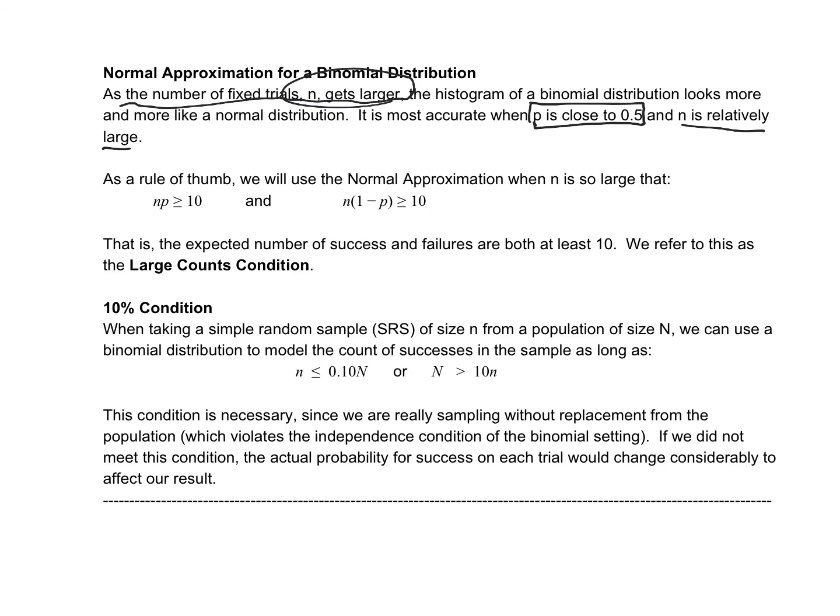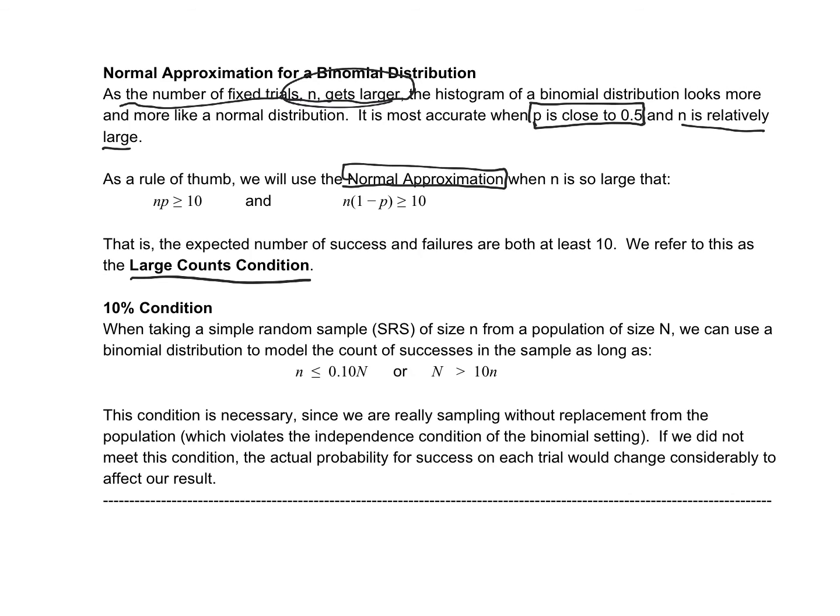So now what is the rule for n? Well, the rule for normal approximation is a combination of n and p. This is what we call our normal large counts condition. You'll hear me refer to it over the next 5 or 6 sections that we do in this class.